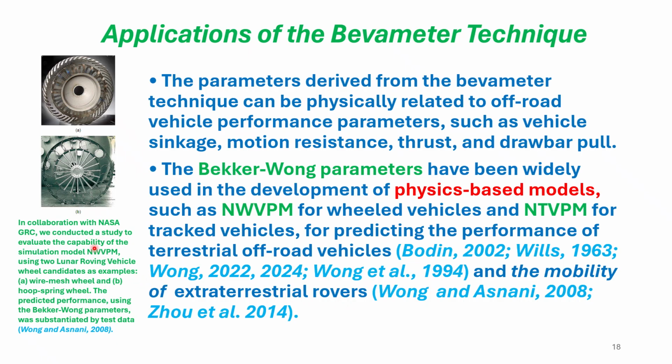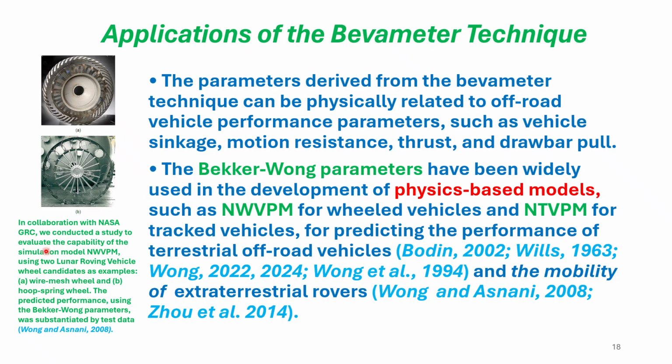As an example, in collaboration with NASA Glenn Research Center, we conducted a study to evaluate the capability of the simulation model NWVPM using two lunar roving vehicle wheel candidates as an example.